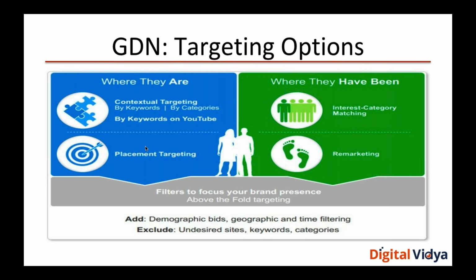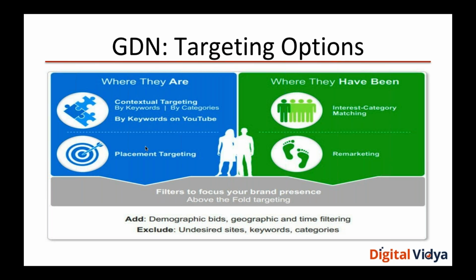Now, as we saw, display network is much larger. So you need more targeting options to have a clearer, smarter, narrower targeting. So here we have two types of targeting. You can target specific websites or pages or mobile apps depending upon what kind of theme these websites or pages have. For example, if I'm having an ad about yoga classes, I can target websites or apps or app pages or web pages which have a topic related to yoga or health.